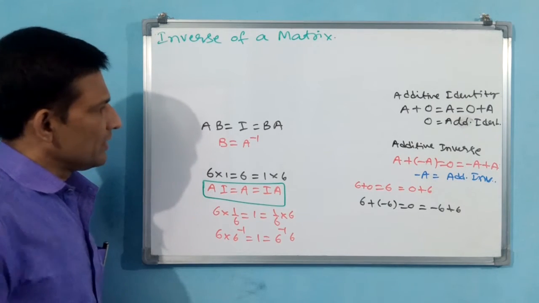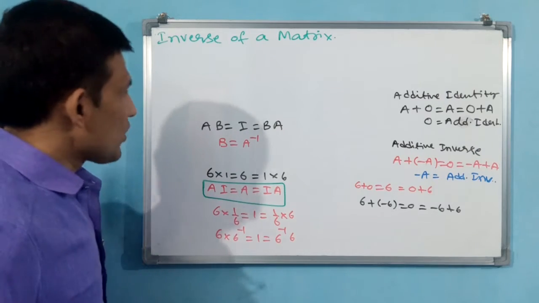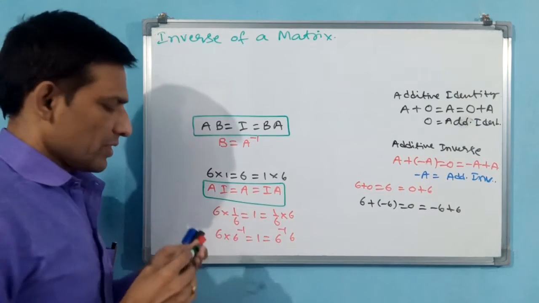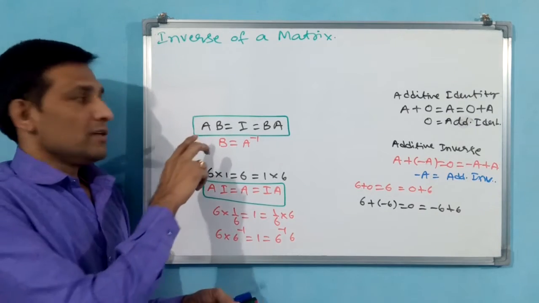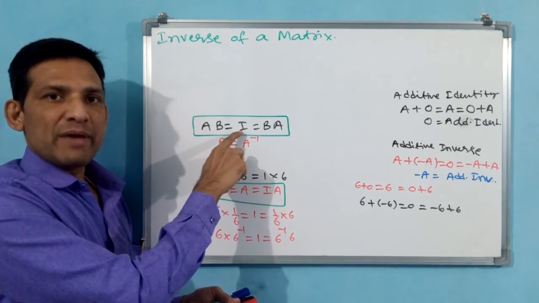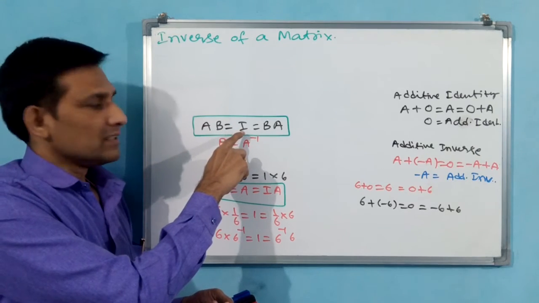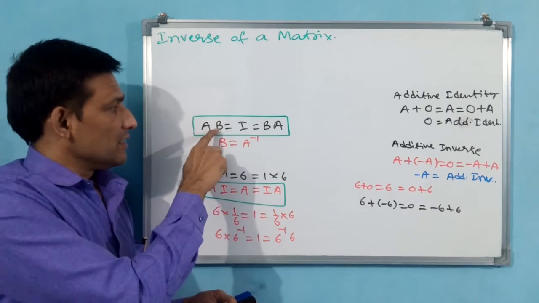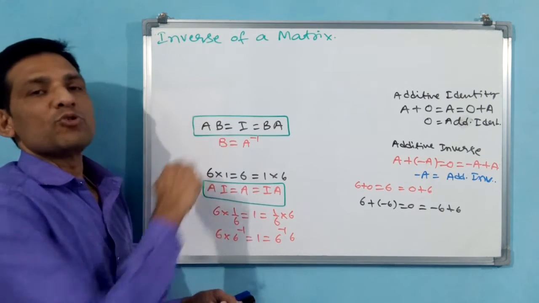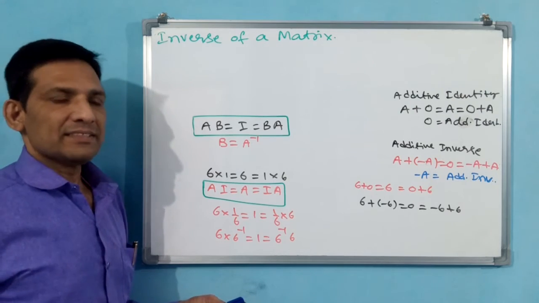Okay? Now, these two are very important. I am making a box. That means if the multiplication of any two matrices results in the identity matrix, then the other matrix is going to be called the inverse of that matrix.